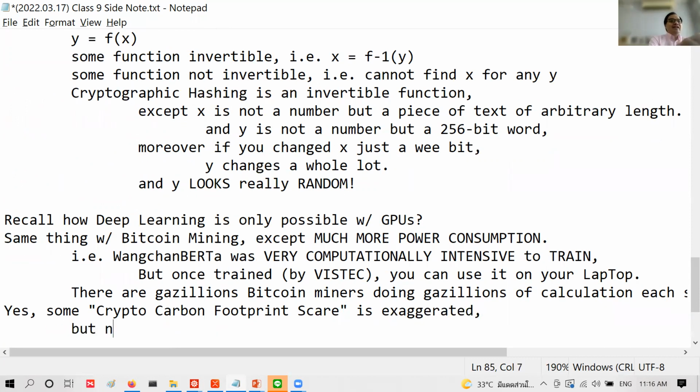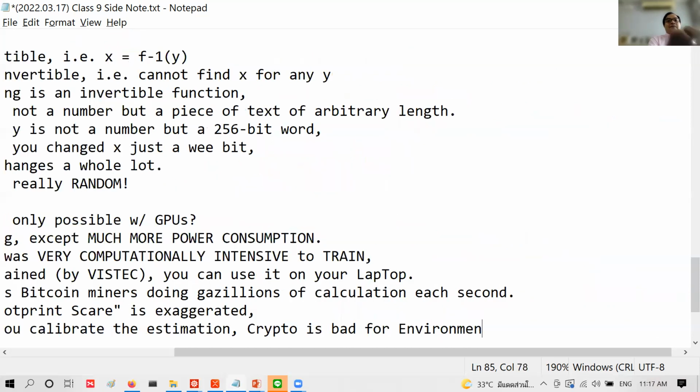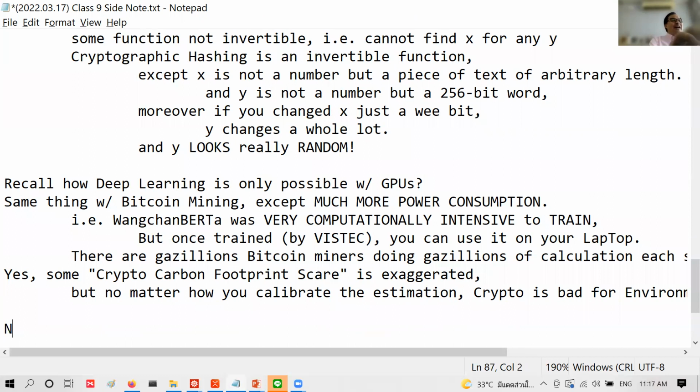But no matter how you calibrate the estimation, crypto is bad for the environment. It's bad. No matter what, it is bad.